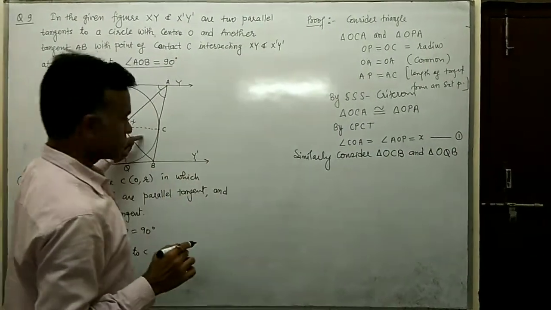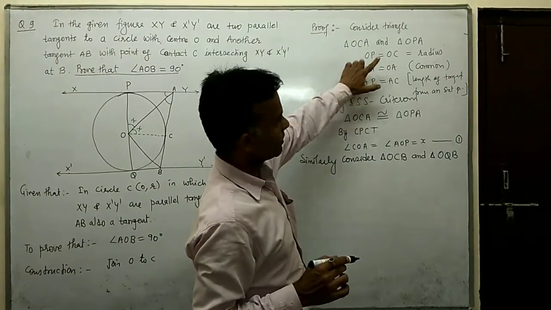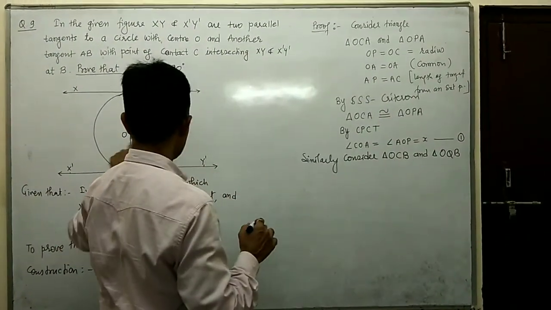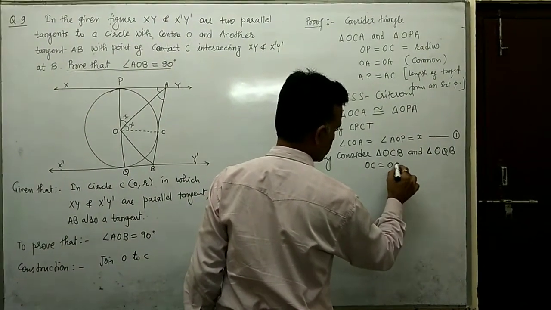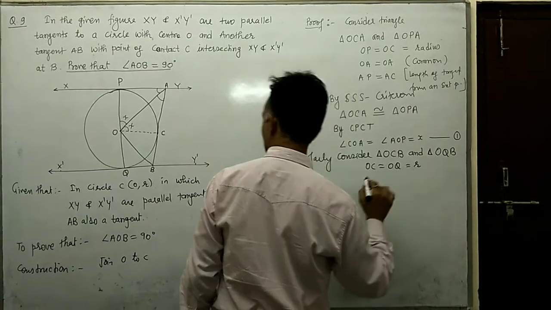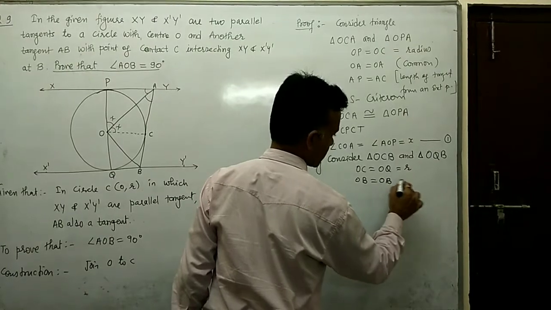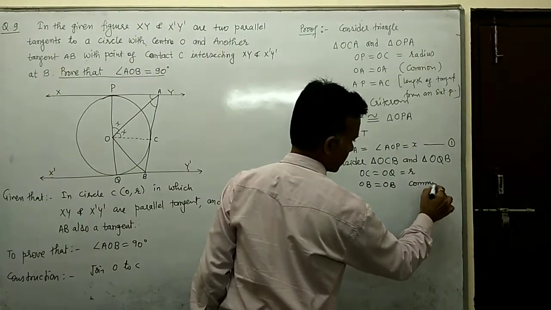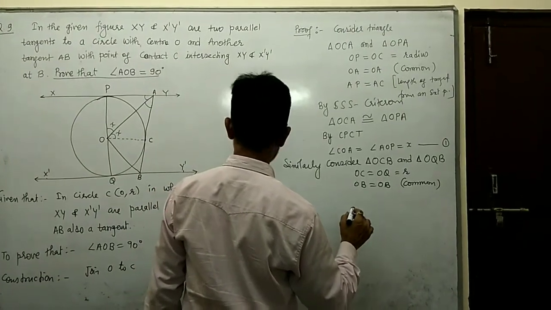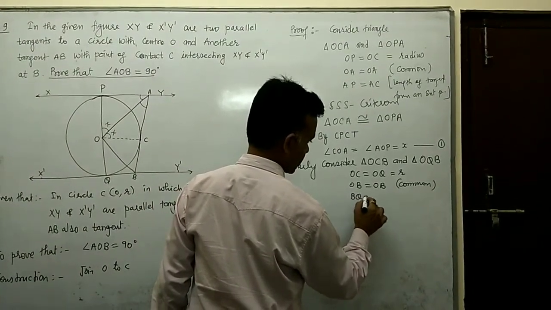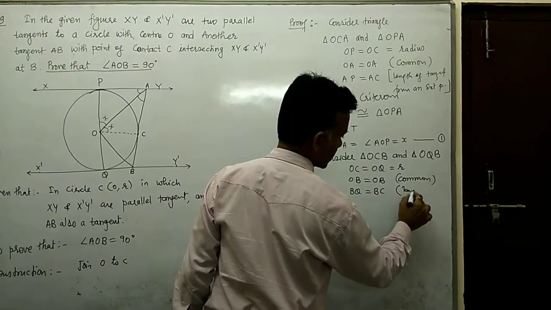Again we consider these two triangles. The same procedure we apply: like OP equals OC, similarly here OQ equals OC. Then OC equals OQ, both are the radius, and OB is the common side, and similarly BQ equals BC. These are the tangent lines from the external point.